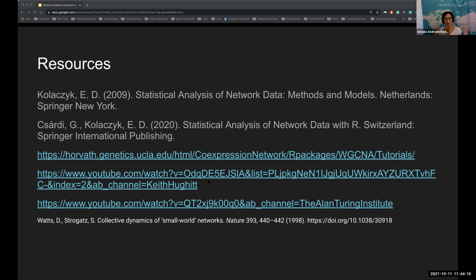Everybody talks about the same thing, but the vocabulary is not very in sync between all the people that do network analysis. So that makes it a bit tricky to explain, and also to go through the different steps of what you need to do.